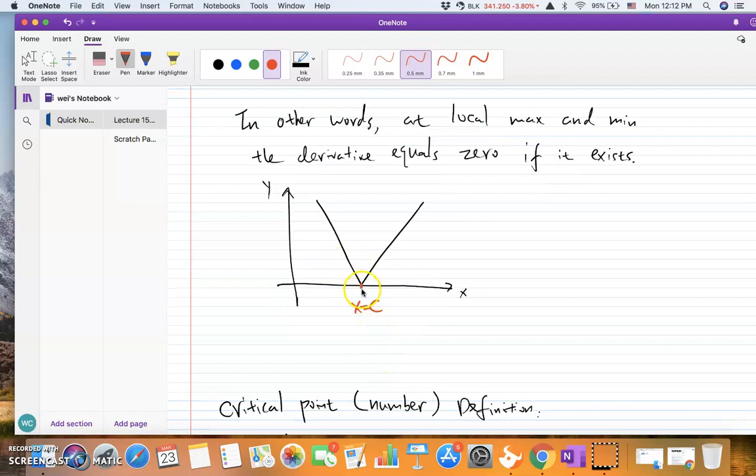However, the derivative does not exist at c, because at c we can draw two different tangent lines.